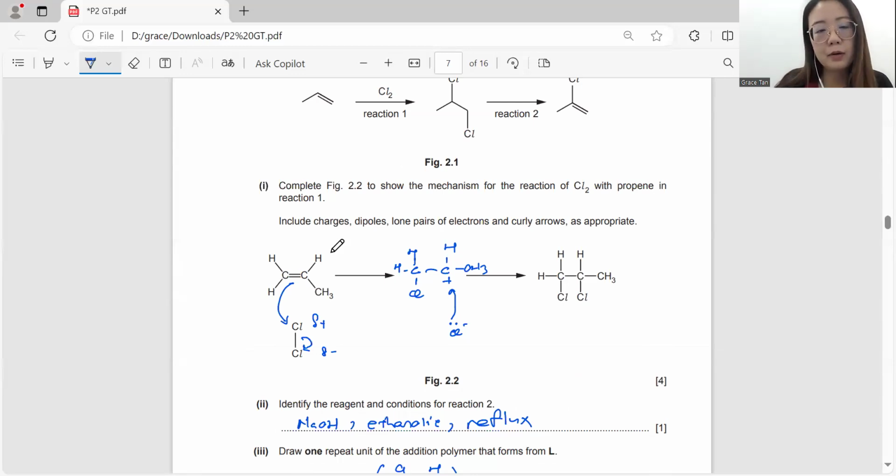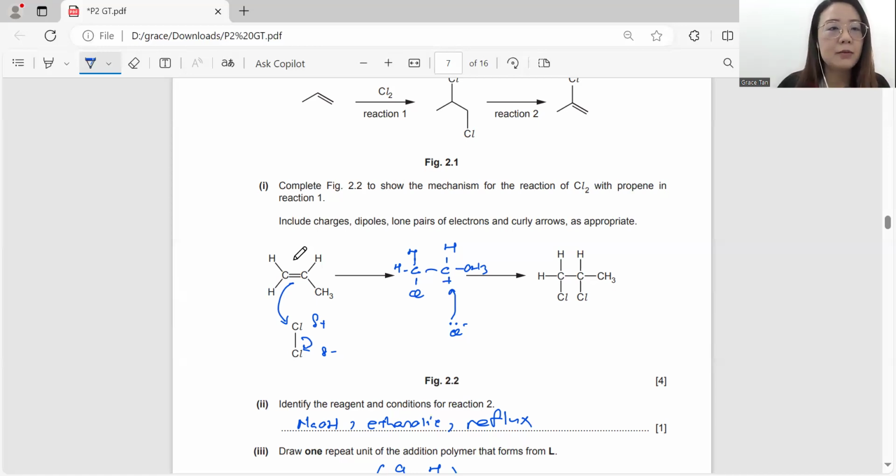Make sure your arrow always points from either a bond or a lone pair. This arrow is pointing from a bond, this arrow also from a bond, whereas this arrow is pointing from a lone pair. Your arrow must come from either a bond or a lone pair. When you attack, of course, you attack an atom, so you point directly to your atom.